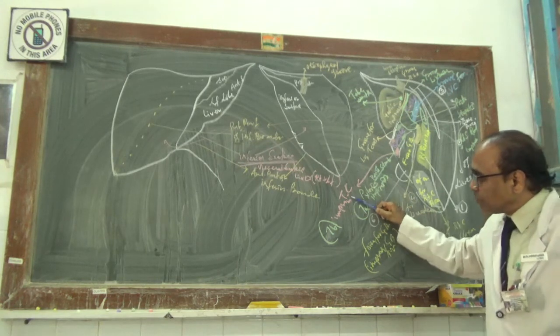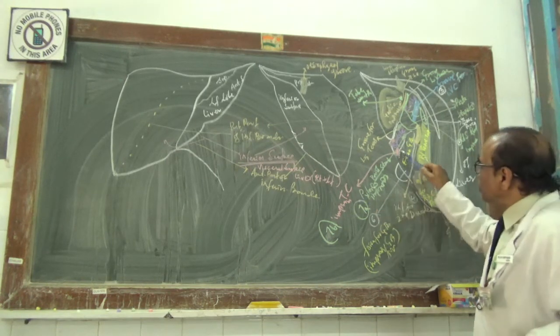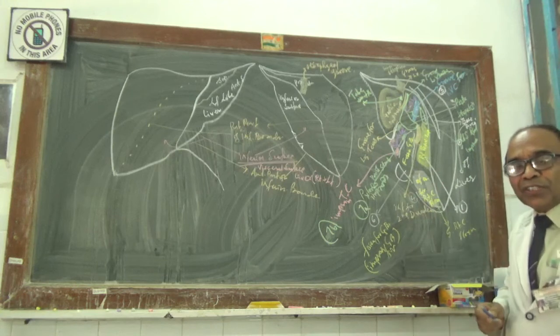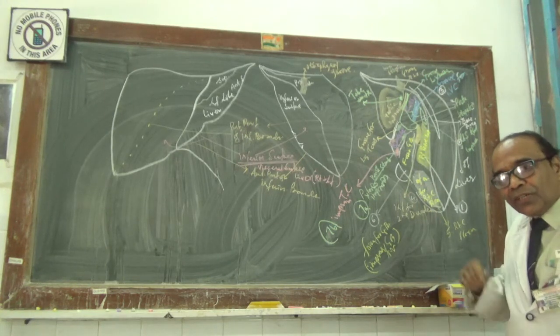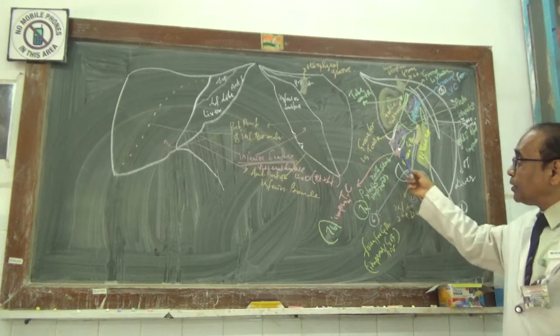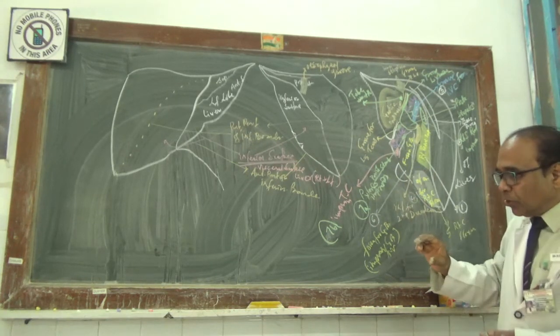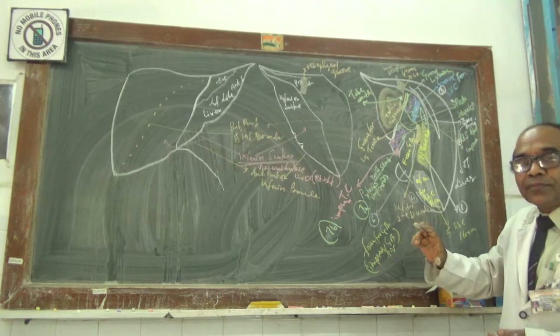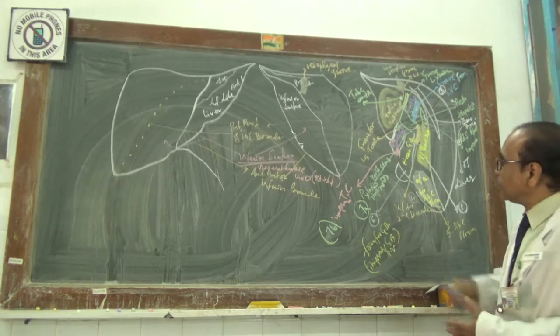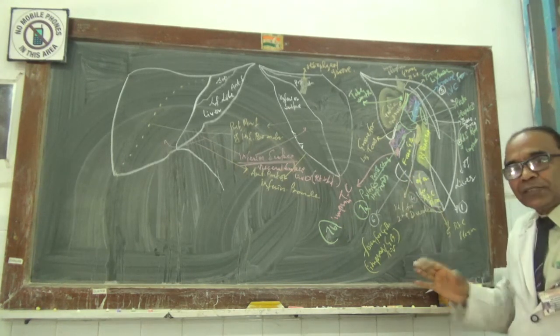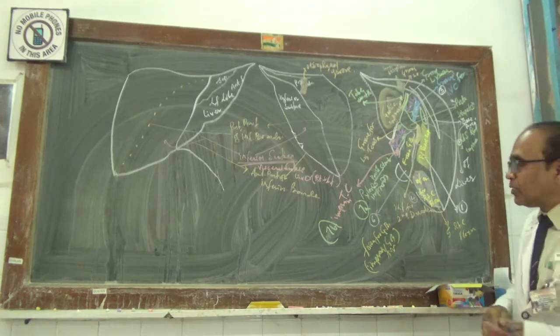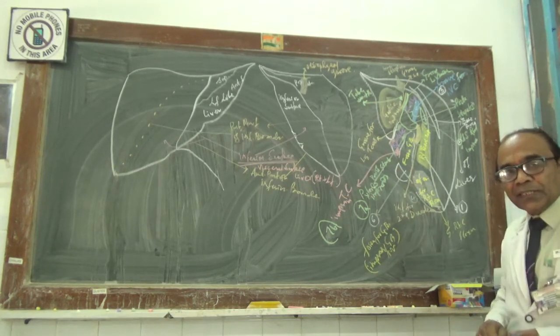This transverse colon impression, present on the inferior surface of the quadrate lobe of the liver, on the inferior surface of the right lobe of the liver, is a little broader and lengthwise it is bigger.